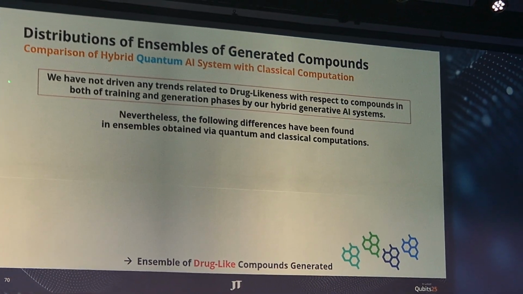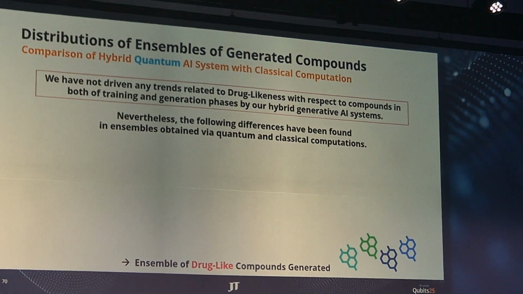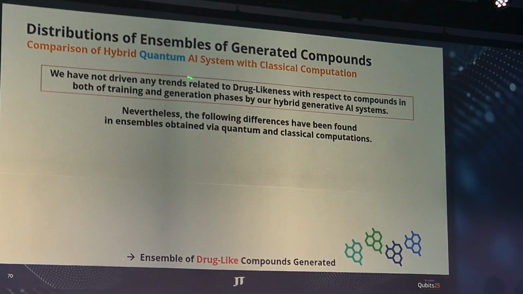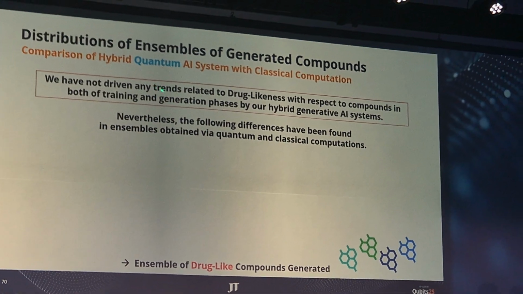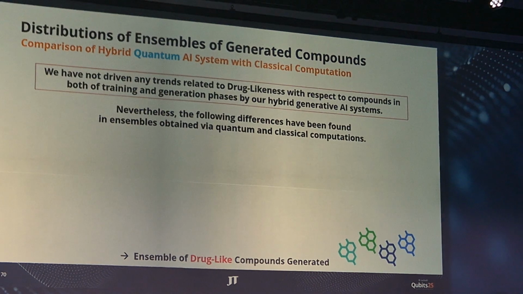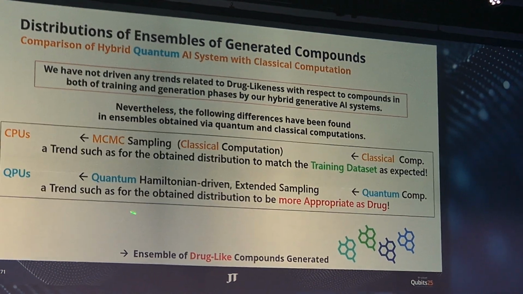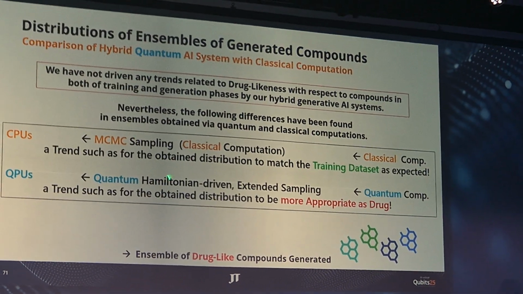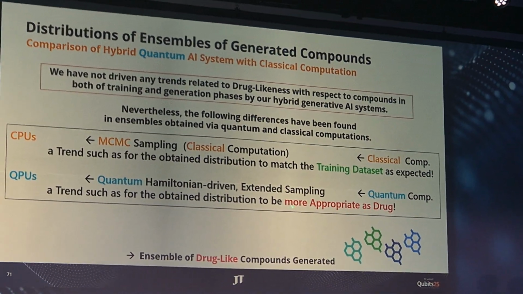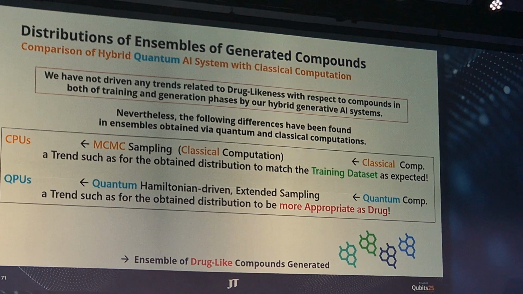Okay, please note here that we have not included any driving factors to facilitate the drug likeness. Nevertheless, QPU induced a trend that the generated distribution should be more appropriate as drug.